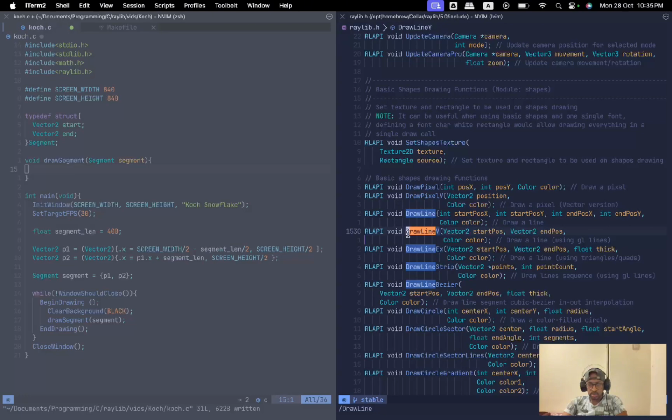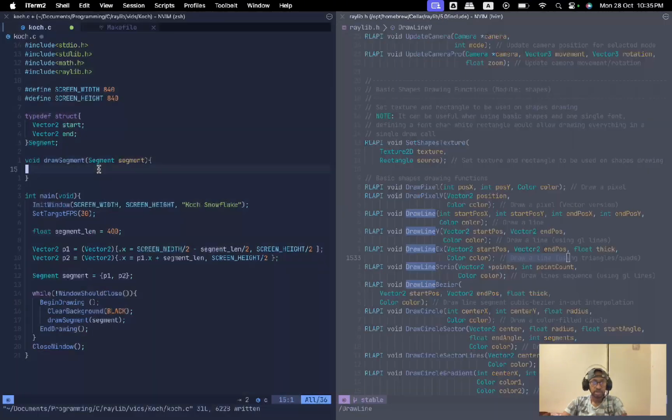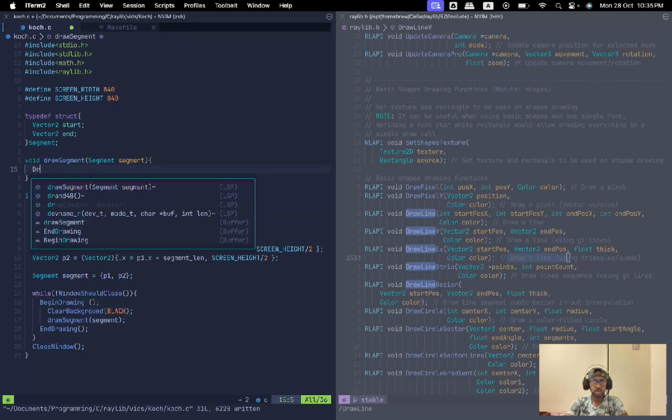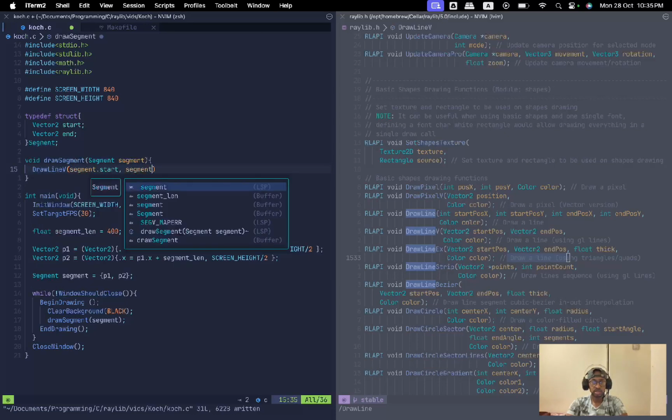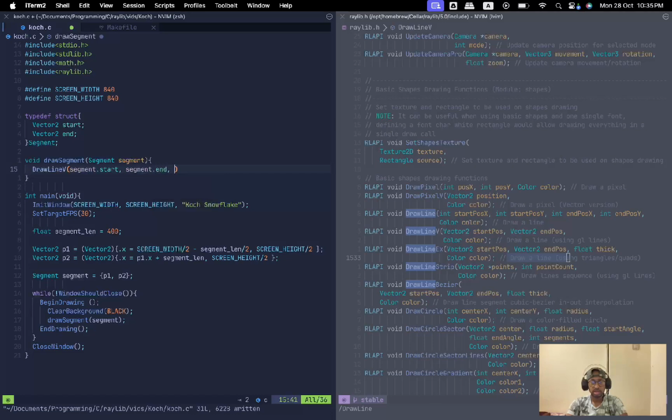So we can use this one because it takes vectors. We already have that. And also we can take this one, draw line ex, which draws a line using triangles. So we can give it a thickness on this one. So for now, let's just use draw line v, and we use segment dot start, segment dot end, and let's give it a white color.